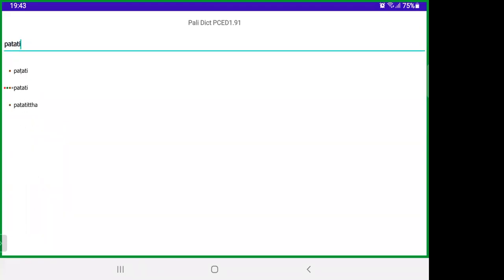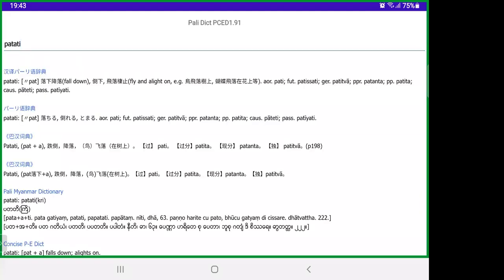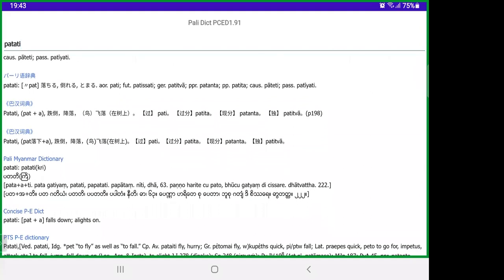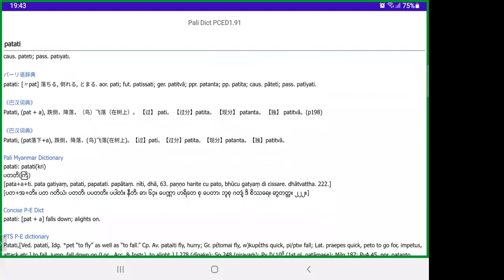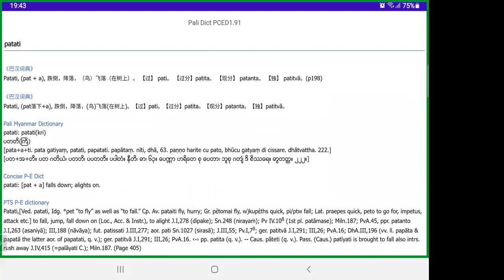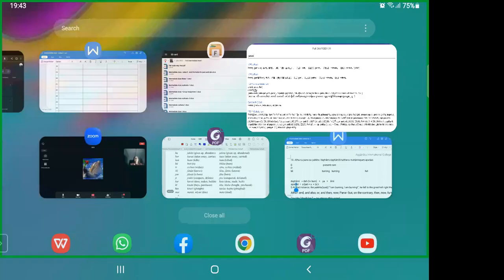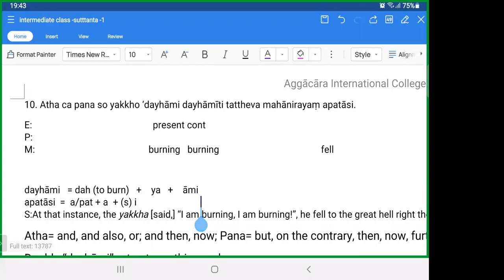Patasi. Is it causative? But causative also is not pa. If causative, it becomes patati. Okay, anyway, just leave it. Sometimes if we cannot find the solution, we just leave it for a while. Maybe next time we get an idea. All right, I think the rest are quite easy already.